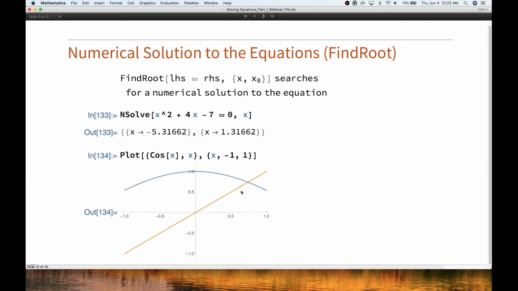Yeah. So you can see from here that FindRoot will try to approximate the intersection of these curves for me. So this is what FindRoot is going to find for me.